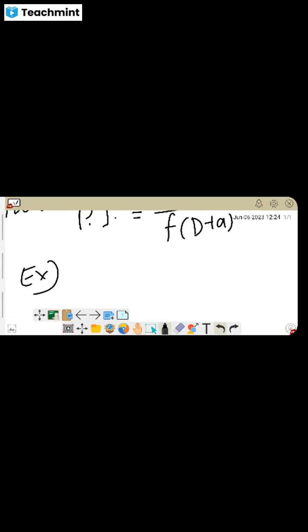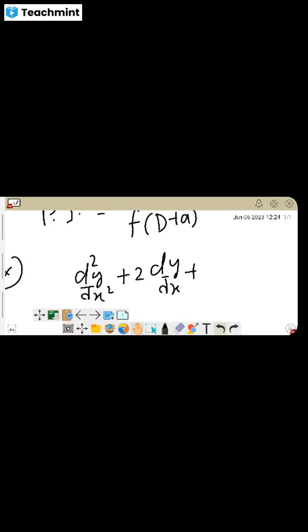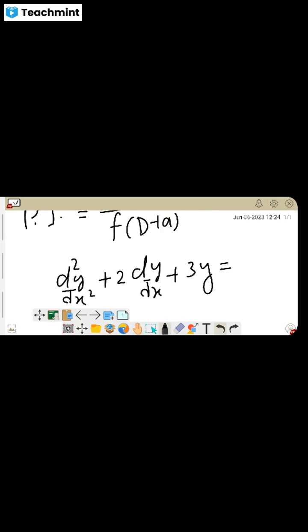For example, we have the equation d square y over dx square plus 2 dy over dx plus 3y is equal to e to the power 3x.